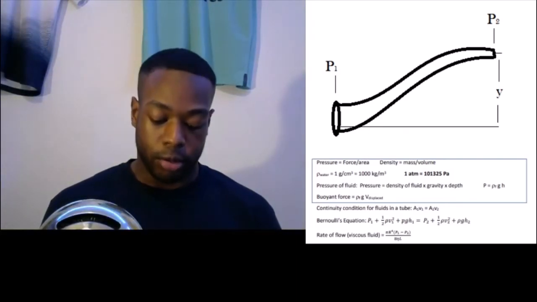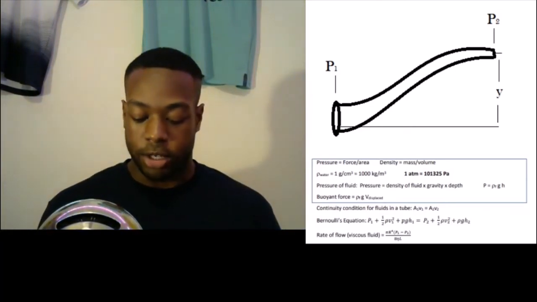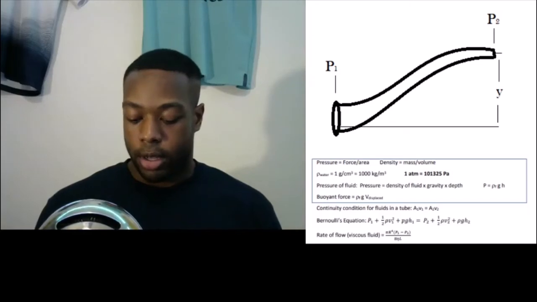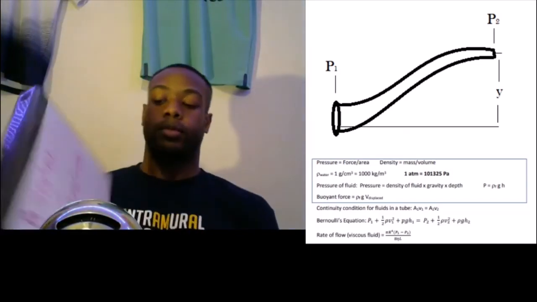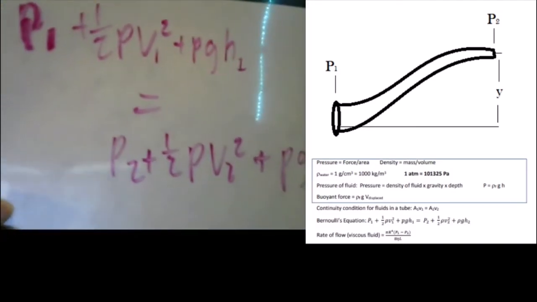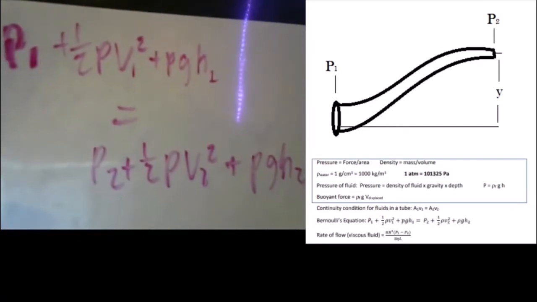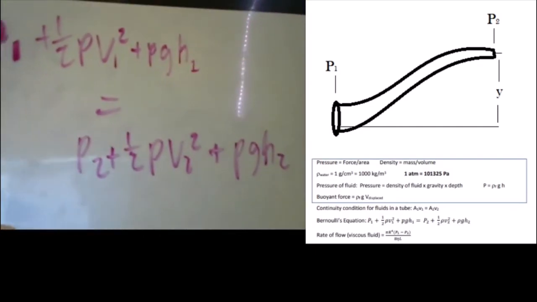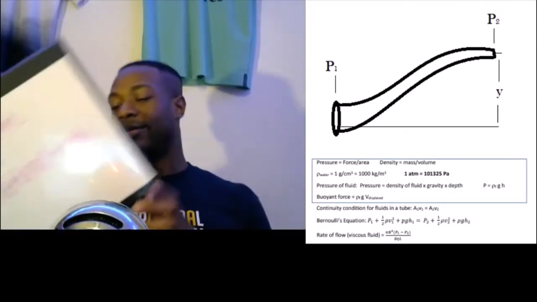So pressure 2 plus 1/2 density times velocity 2 squared plus density times gravity times height 2. So that's Bernoulli's equation. And you'll notice it looks really similar to some conservation of energy stuff we've done, and that's the idea. So it's conservation of pressure.